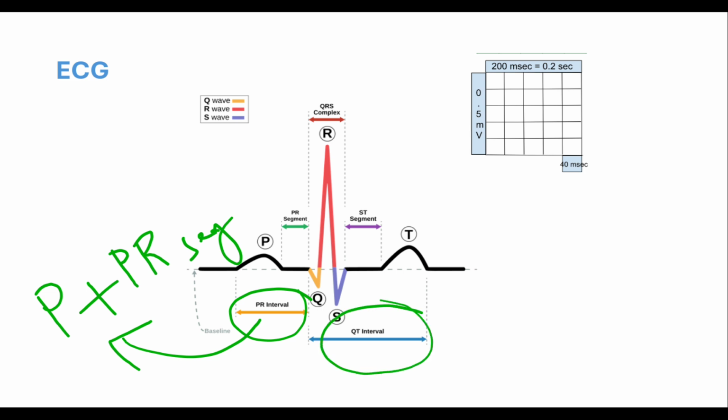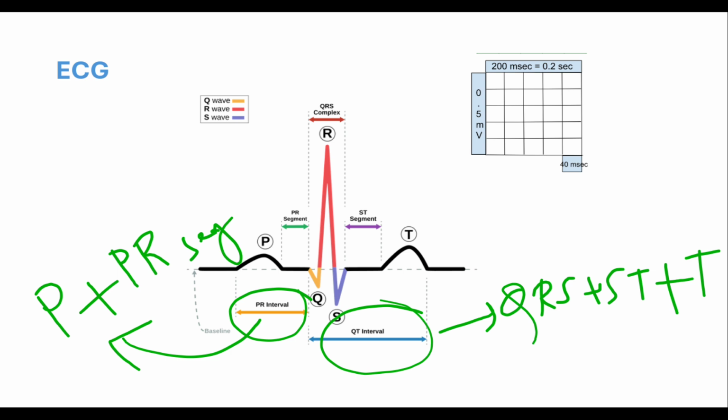What about QT interval? QT is going to be QRS along with ST segment along with T wave also. It is until the end of T wave. QT interval prolongation can predispose to torsades de pointes, and there are many drugs which are known culprits like amiodarone, sotalol, antidepressants, antibiotics like erythromycin.